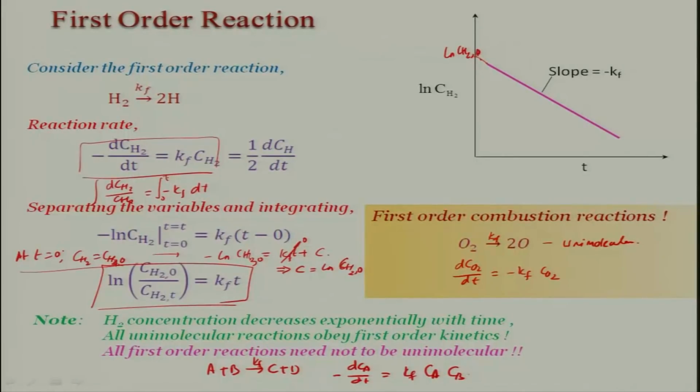So, if Cb is too large, it is not really changing with respect to time, then this will be nothing but your Kf1 times Ca. Although there are two molecules, it will be only a constant Kf1, I can say. That is possible when Cb is very much greater than Ca. So, therefore, it will behave like a unimolecular reaction.